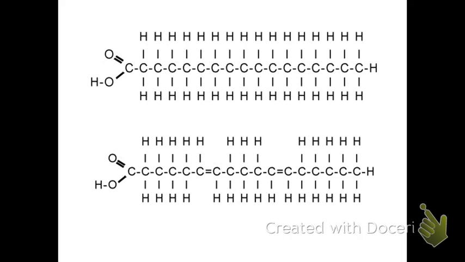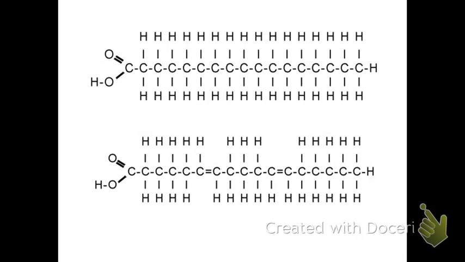Alright, so what we're going to do is go back and look a little bit more about fatty acids. Remember that fatty acids have a carboxylic acid group, and that carboxylic acid group is attached to a large chain of hydrocarbons, and that hydrocarbon chain can either be saturated with hydrogen surrounding all the carbons, or it can be unsaturated and have double bonds in there.